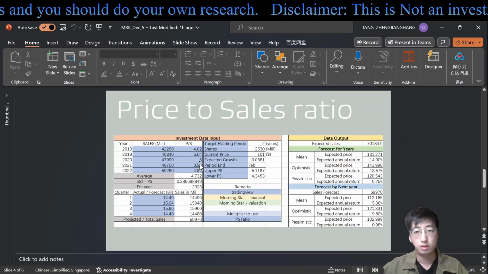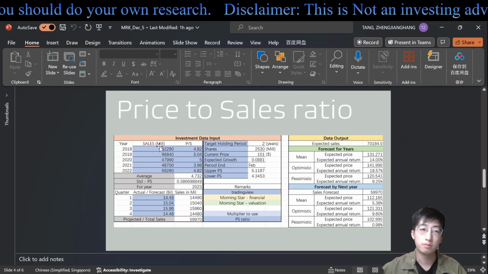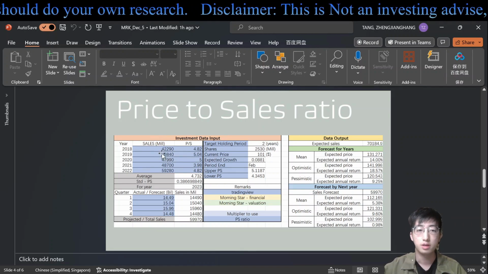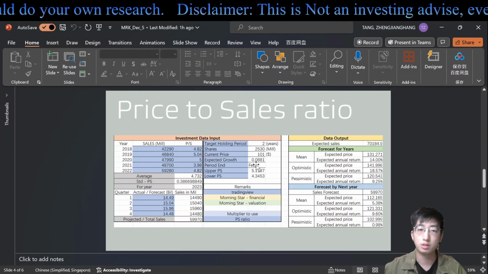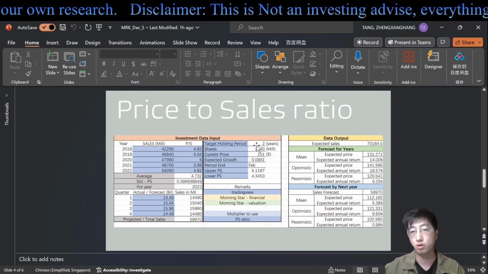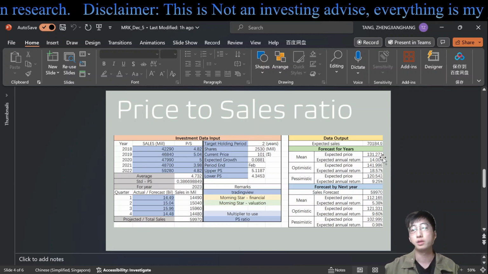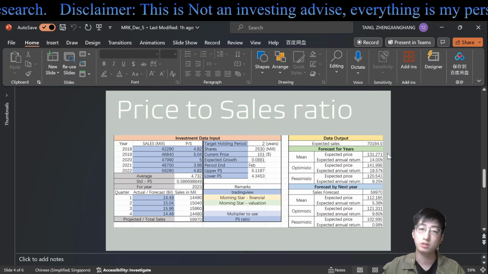With the data I put in, the sales in millions for the last 5 years, we calculate the expected growth. Then I put in the expected holding period of 2 years, and I can calculate my expected stock price in the next 2 years.